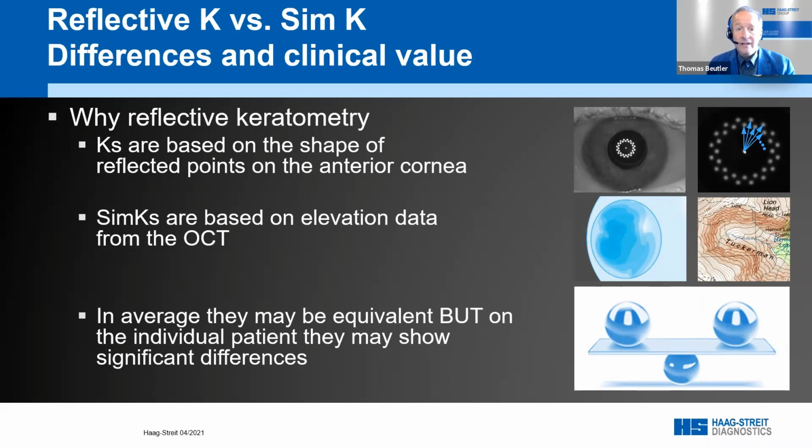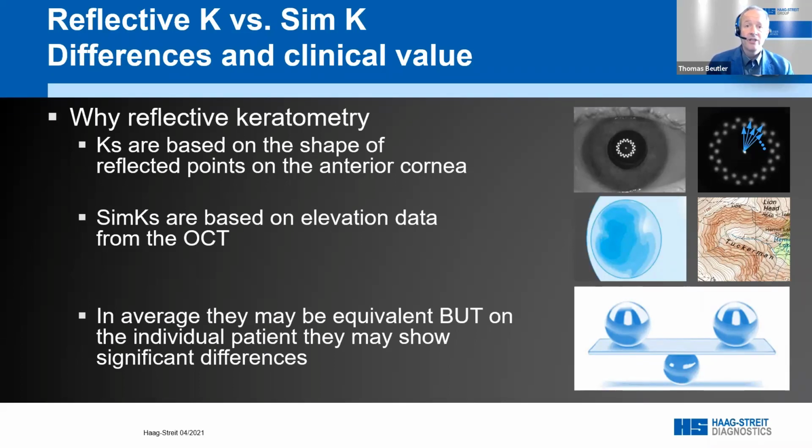If you're looking at simulated keratometry from the OCT topography data, then we first take height information, elevation information, like from a geographic map. So first we have this height curve, elevation information, and from there we then derive keratometry values, simulated keratometries. And on average, they match. They match perfectly fine.